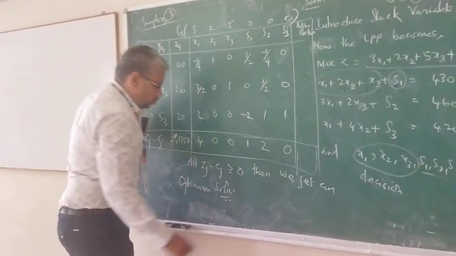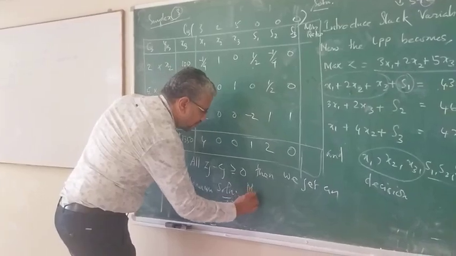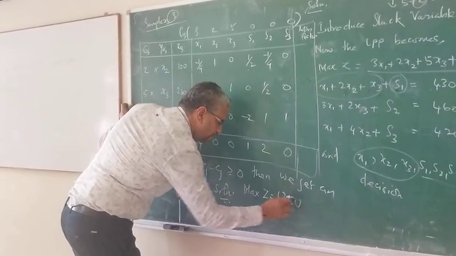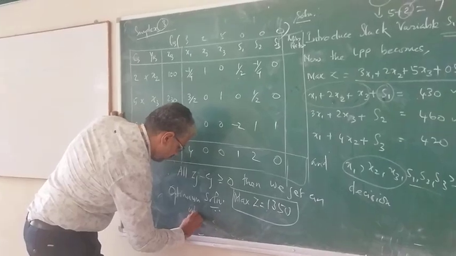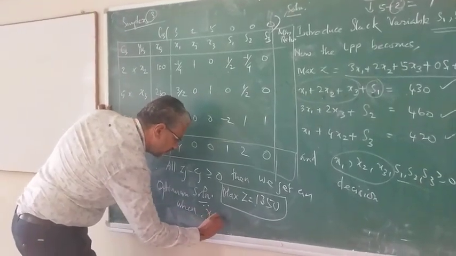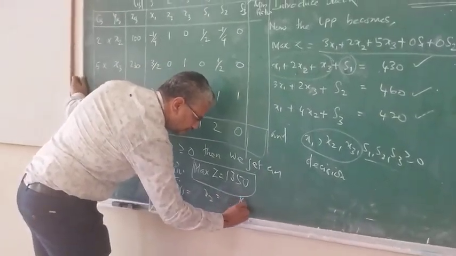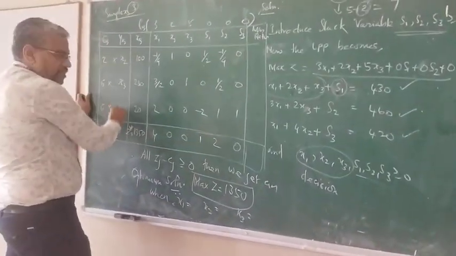So how do you find the optimum solution? Maximize Z equal to 1350 when x1, x2, x3 are the decision variables. What is x1? There is no x1 in the answer column.